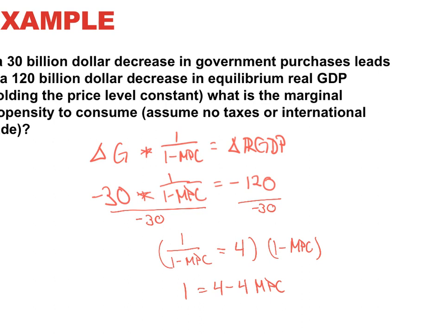And we can add 4 MPC and subtract 1. So we get 4 MPC equals 3, or the marginal propensity to consume is equal to 3 over 4. So for every dollar that people get, they're saving 25 cents and spending 75 cents. So our marginal propensity to consume is 3/4.